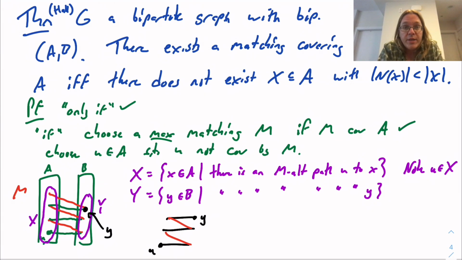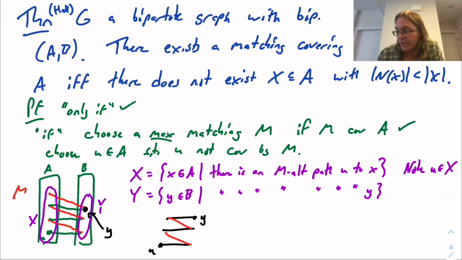Now, as we said, this matching M that we've chosen is a maximum matching. And that means there cannot be an M augmenting path. What I've drawn here would be an M augmenting path unless the vertex Y is incident with some edge of the matching.